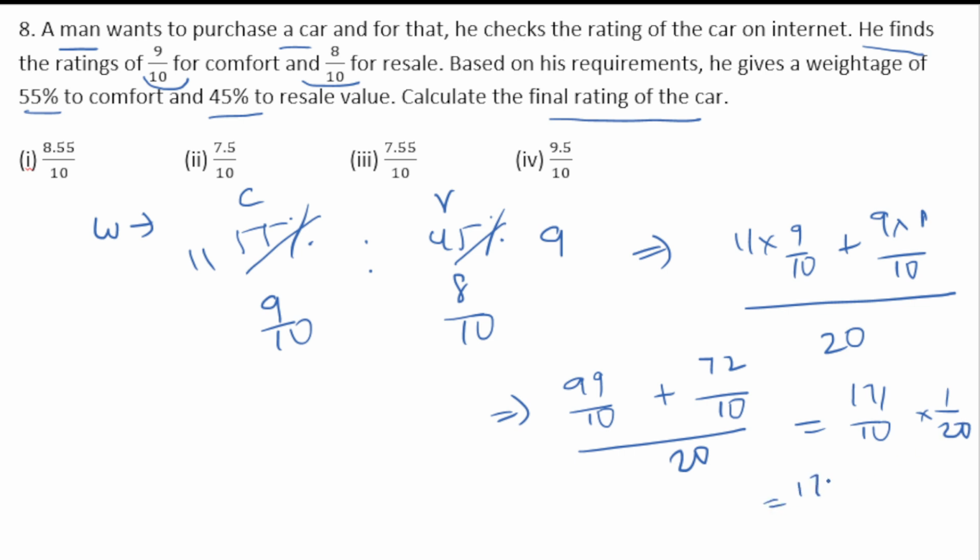So this is 171 divided by 200, which is 8.55 divided by 10. It is the first option.